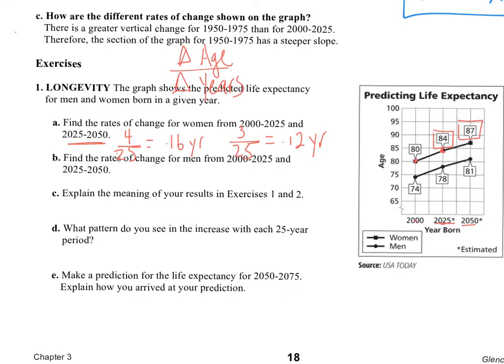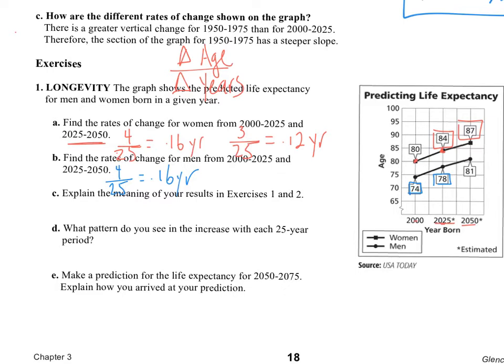All right, we can do the same thing for the guys here. I'll change colors. We're going to do the first one from 2000, so right here, 74, to right there in 2025. Maybe some of you are noticing that even though they're different ages, it's still a change of 4 years over 25 years of time, which still gives us that same 0.16.